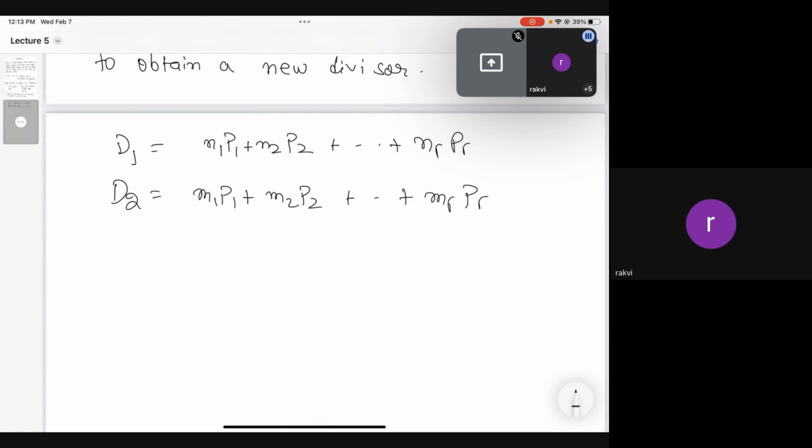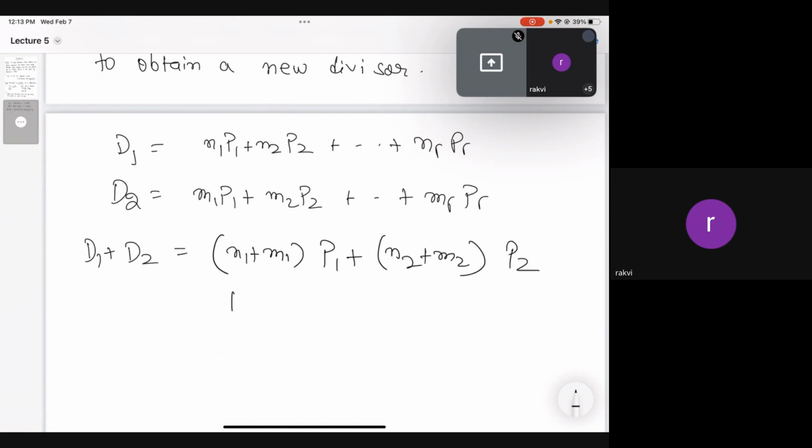There is no guarantee that these two divisors are supported on exactly the same points, but if not, I can artificially extend by taking my coefficients to be 0. So D1 plus D2 is simply how we add polynomials, coefficient-wise: (n1 plus m1)P1 plus (n2 plus m2)P2, and so on.